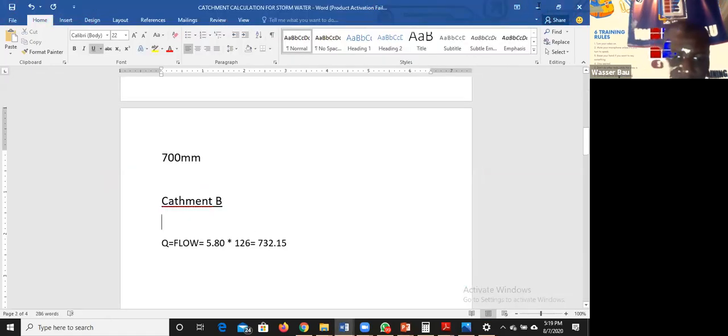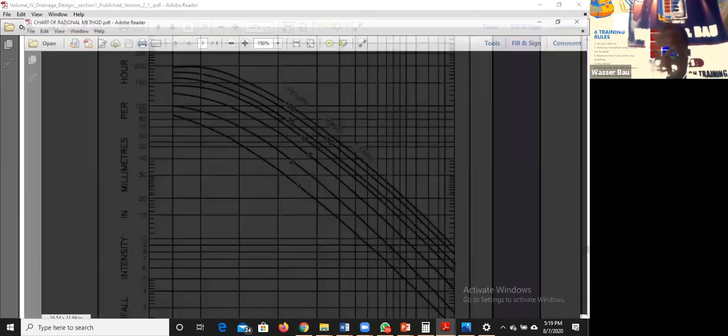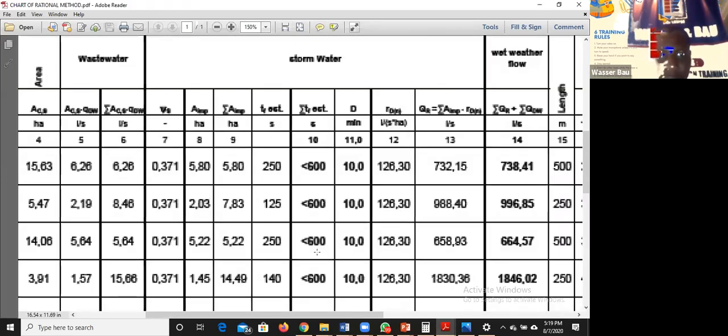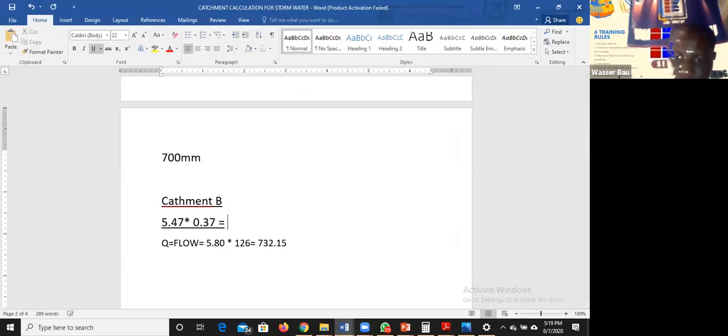So here we say 5.47 multiplied by the peak runoff coefficient. And what would that give us? That will give us about 2.08.